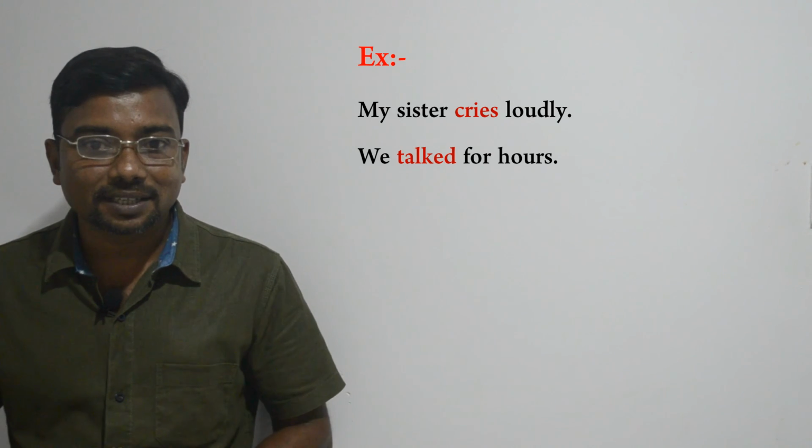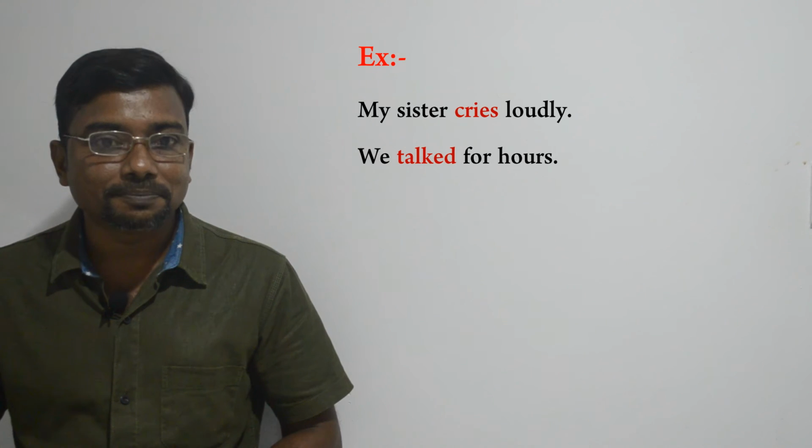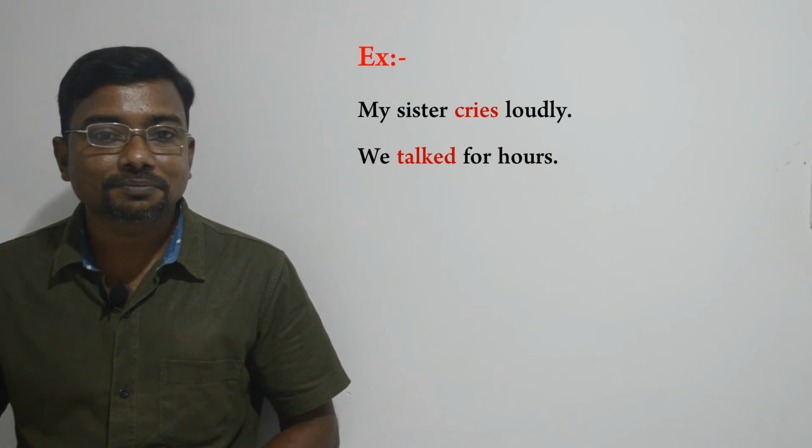Here for hours is a prepositional phrase. Okay everyone, when you look at all these examples, it's clear that an intransitive verb does not require an object to receive that action. They usually are followed by an adverb or prepositional phrase.